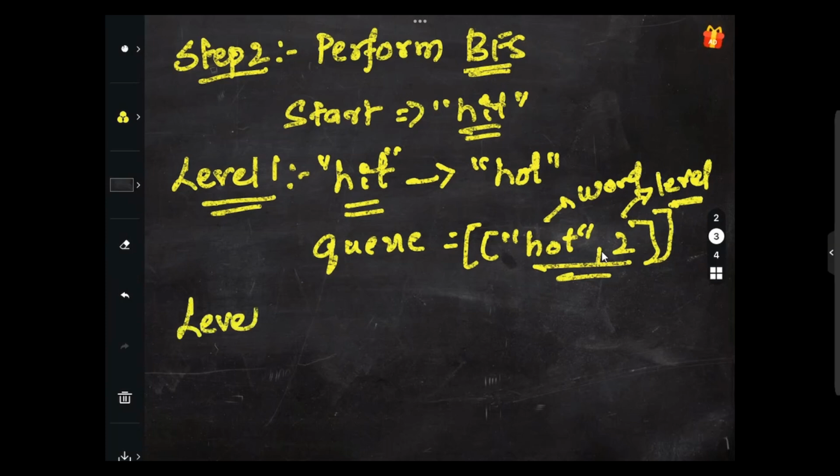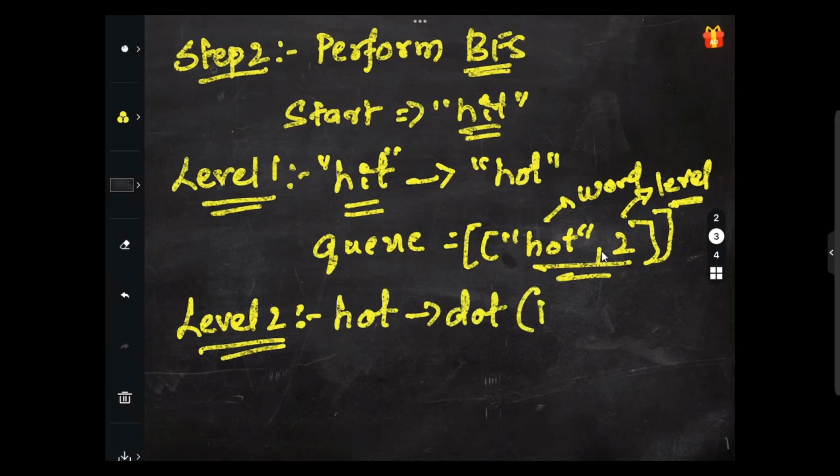Let's go for level 2. Now we have to process hot. Now we are changing hot to dot. This is valid in this case because only one letter we are changing here, H is replaced by D, sorry.